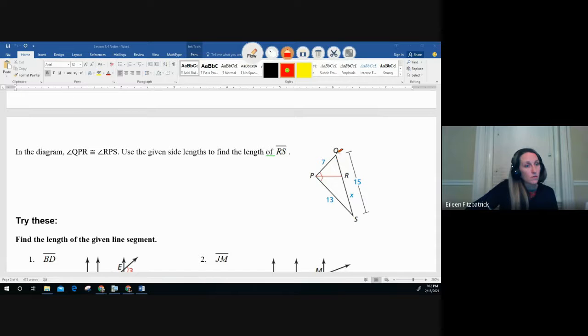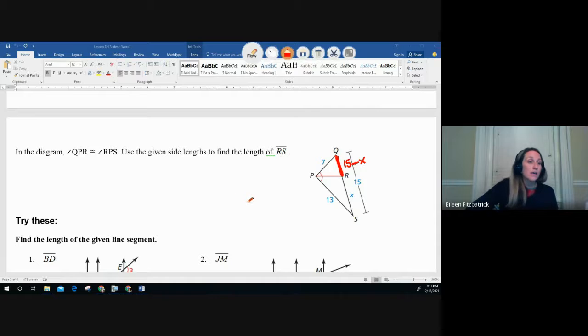So I'm looking for the entire length, RS. Oh, no, I'm sorry. X is what I'm looking for, right? I'm looking for R to S, this piece here. Okay. Well, if this entire length is 15, how can I represent this piece of it? What algebraic expression could be used to represent that part? If the whole thing is 15 and this piece is x, it'd be 15 minus x.